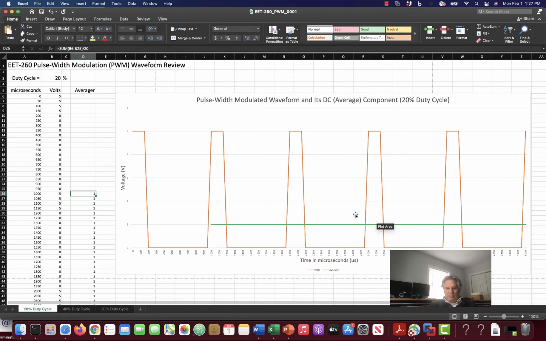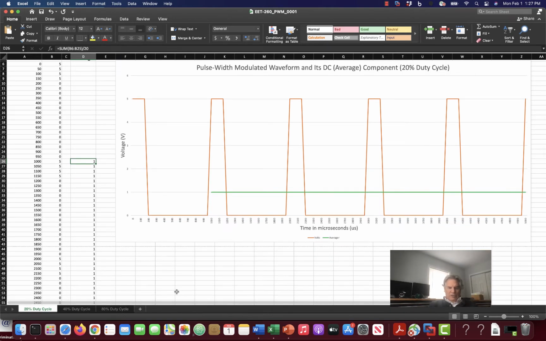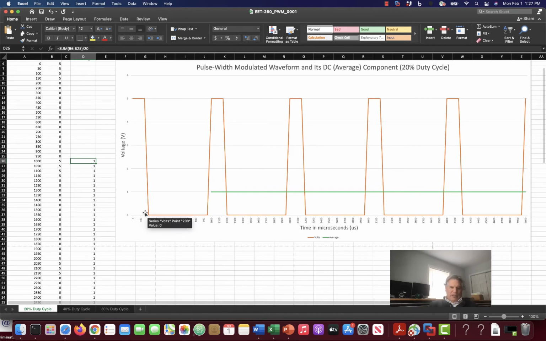And a motor for whom you are applying this kind of waveform would say the same thing, says I feel the oomph of about 1 volt DC. And so that's pulse width modulation. We can oftentimes create an analog effect by trading time for the ability to control voltage on a continuous basis.